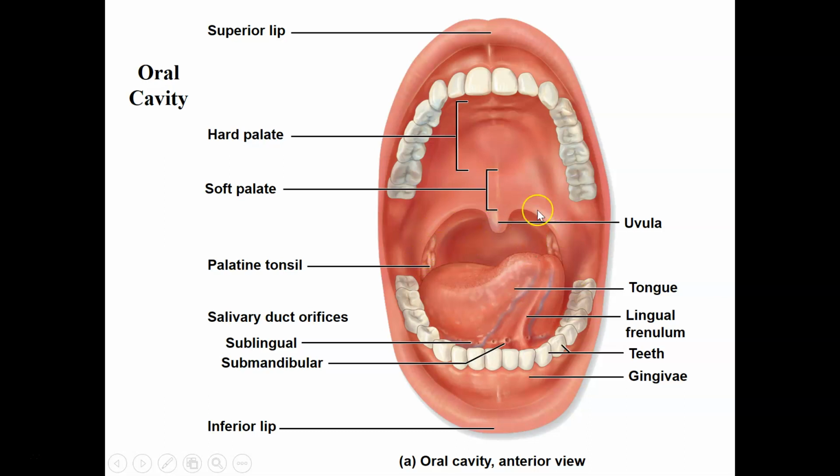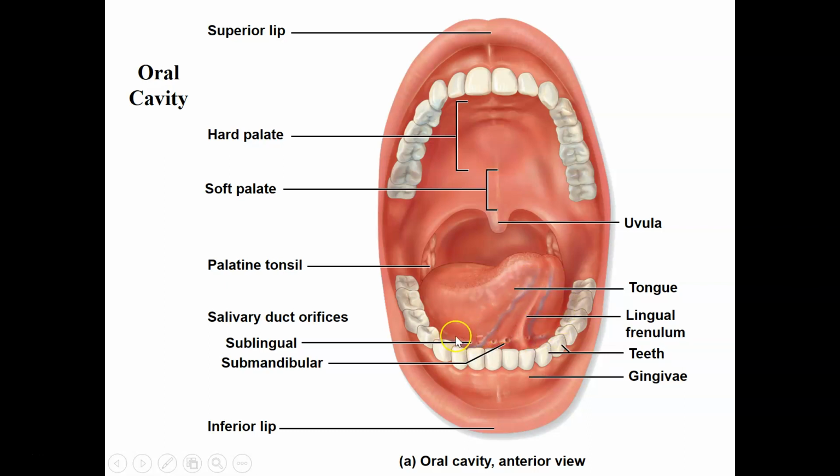There are tonsils associated with the oral cavity and also the pharynx. So I'll point those out. One of them are called the palatine tonsils, basically the lateral surfaces of the back of the oral cavity. The tongue shown here, muscular organ, it's attached to the floor of the oral cavity.